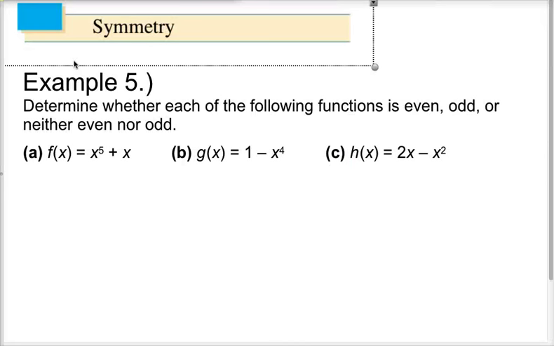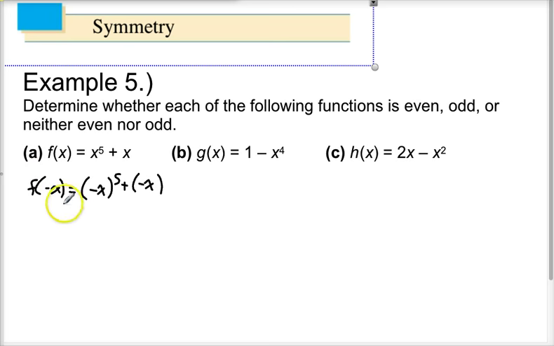So let's determine whether each of the following functions is even, odd, or neither, because you can have the possibility that it is neither even nor odd. If we look at the first function, f of x is equal to x to the fifth plus x, in both cases what I'm going to do is substitute in negative x. f of negative x is going to give me negative x to the fifth plus negative x.